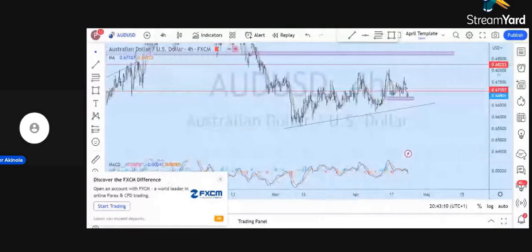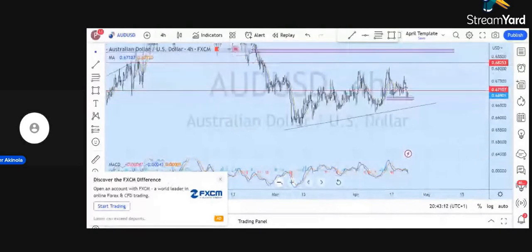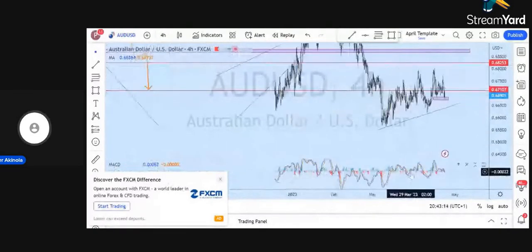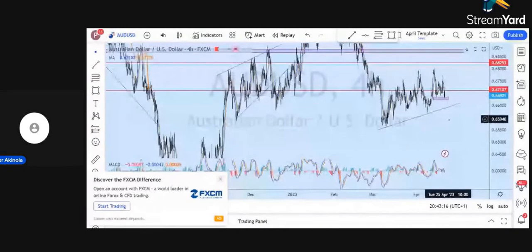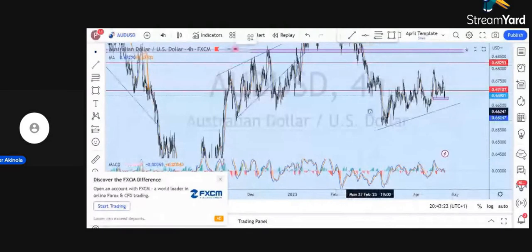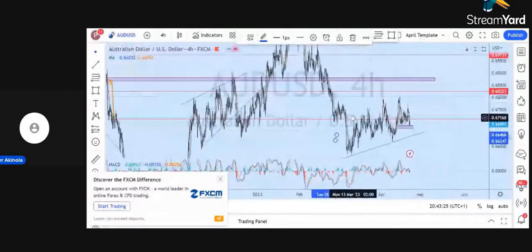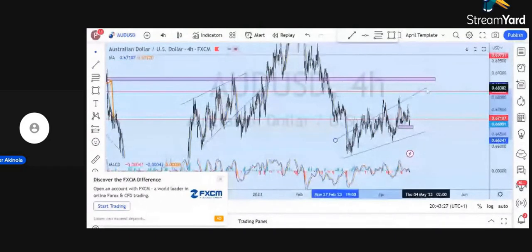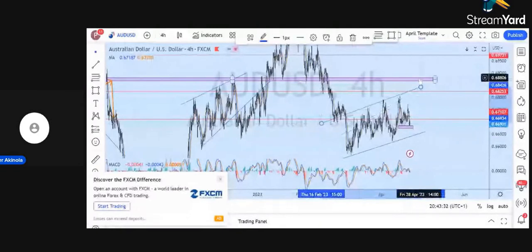So before I can get really interested in AUD USD, we need to see a break of this. If it's coming down, let it come down. So we need to see a break of this channel, which looks more like a falling wedge.